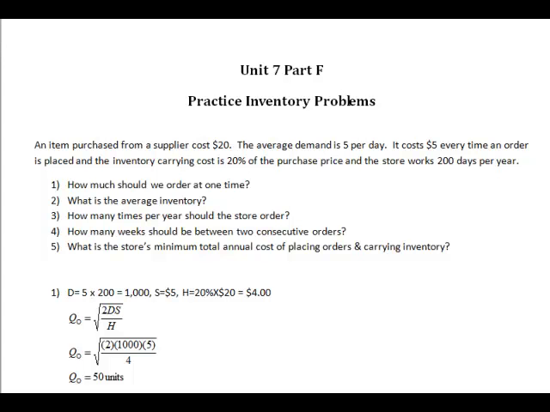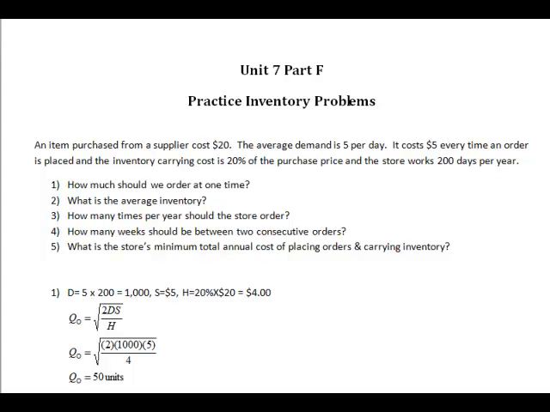So purchase or buy indicates an economic order quantity problem. The other way that we can distinguish an economic order quantity problem is whenever we see an ordering cost. So the third sentence says it costs us $5 every time an order is placed. That's an ordering cost. So it's definitely an economic order quantity problem.